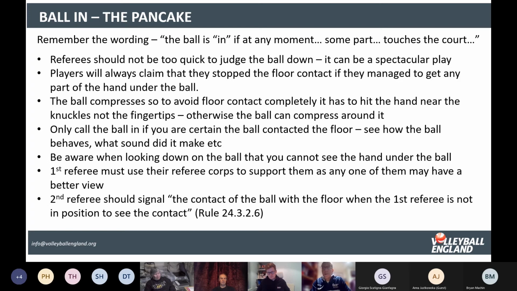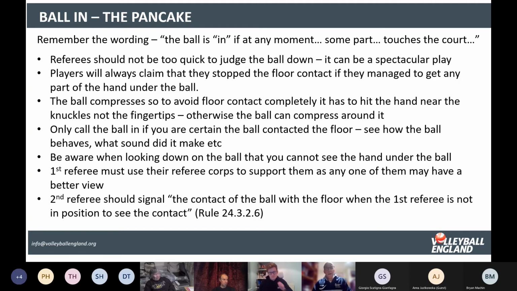Now, we've seen the compression video, so we know that in order to stop the ball compressing around the hand onto the floor, it's got to hit the hand somewhere between the knuckles and around the knuckle area. Because if it doesn't, then the ball is going to compress around the hand onto the floor. Now, you may decide that you're going to let that go anyway. But if a player only gets, say, their fingertips under the ball, then clearly the ball is going to contact the floor.